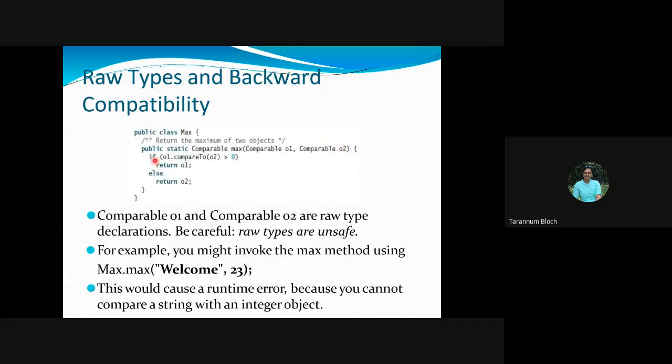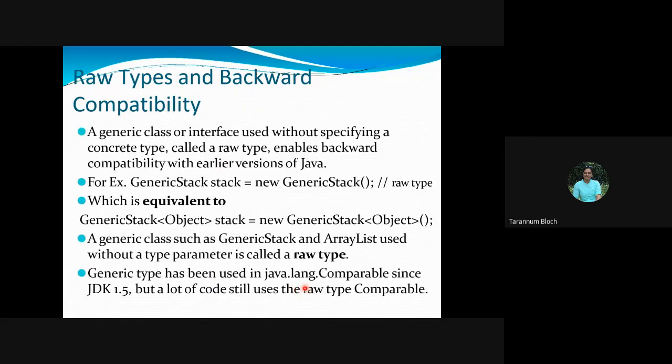We are calling object1 dot compareTo. Now Comparable, we know, is an interface, java.lang.Comparable, which allows you to compare two different objects.